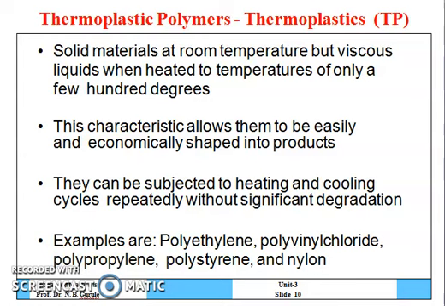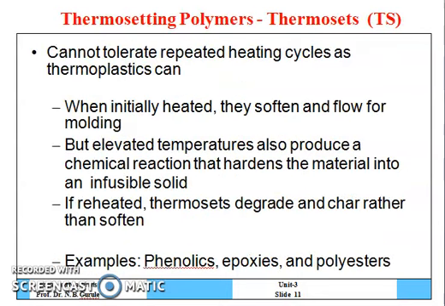The polymers can be subjected to heating and cooling cycles repetitively without significant degradation. So this is the specialty of these thermoplastics. Examples of these thermoplastics are polystyrene, polyvinyl chloride, which we call PVC, then polypropylene, polystyrene, and nylon. These are the popular names of thermoplastics which are used for many applications.